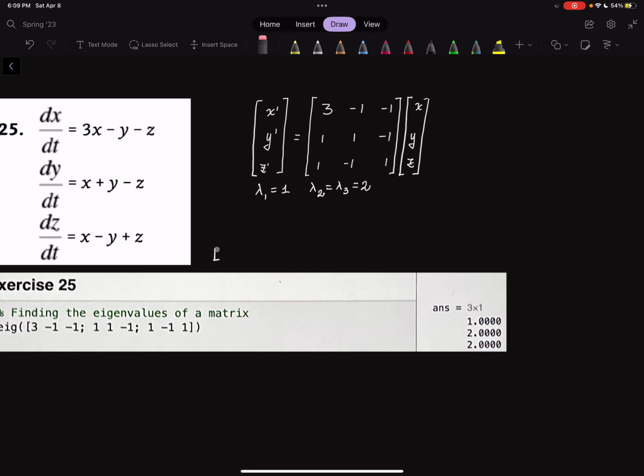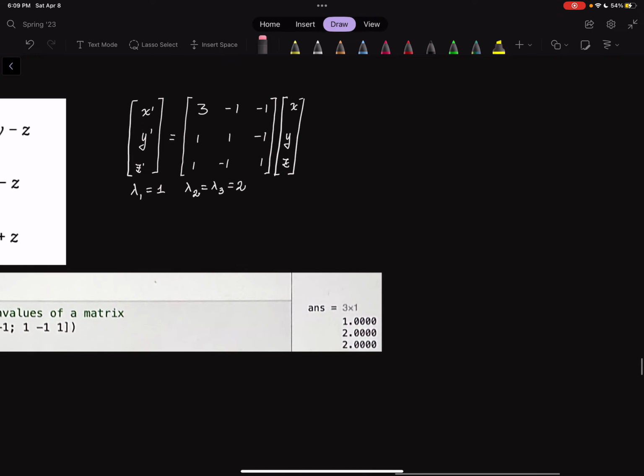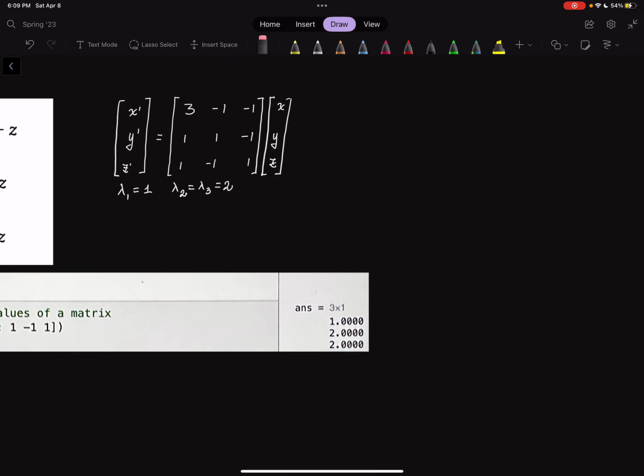So what we do is we write, let's do it over here. Let me make some room. Right here, lambda 1 is equal to 1. So for lambda 1 equal to 1, what do we have? Well, we need to subtract that from all the diagonals.